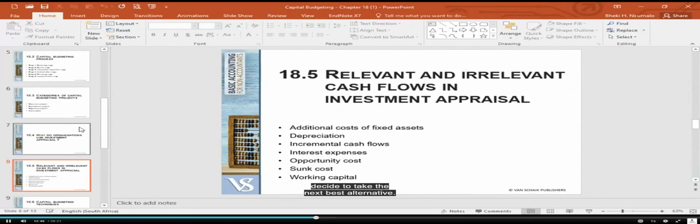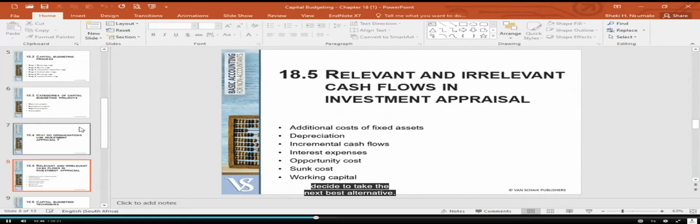Sunk cost is a cost that has already been incurred. An organization has signed a contract. If the machinery that you are buying is outside the country or even in other provinces, there are already contracts that you signed. Those are sunk costs.